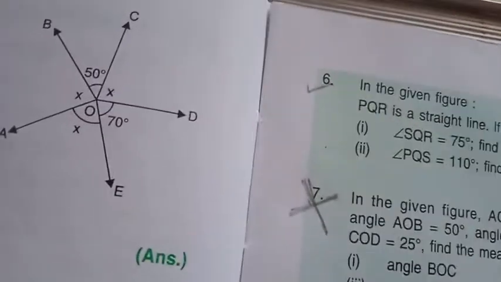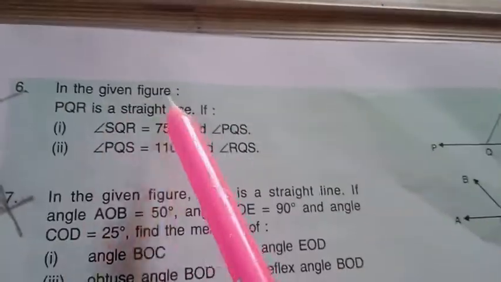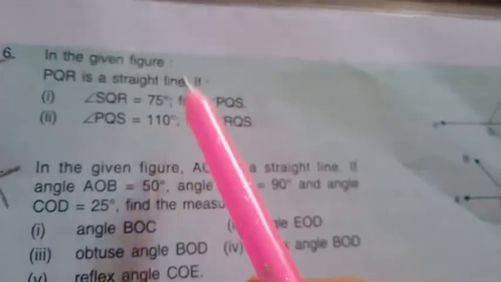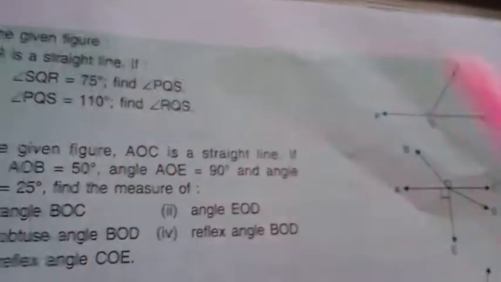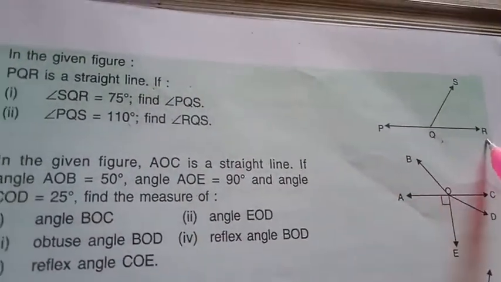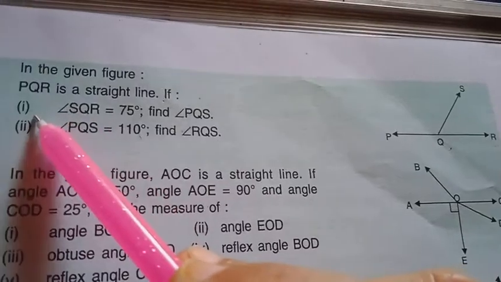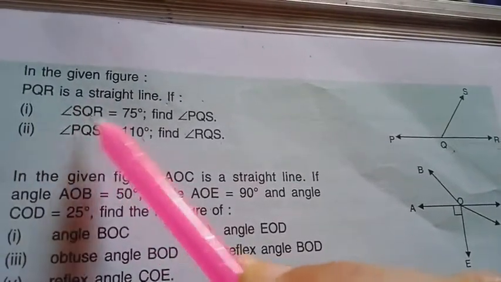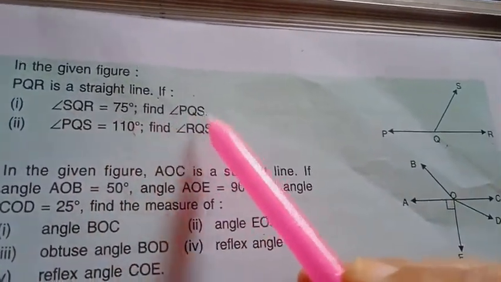Now let us see question number 6. In the given figure, PQR is a straight line. You can see here, PQR is a straight line. The first sub-question is, if angle SQR is 75 degrees, find PQS.